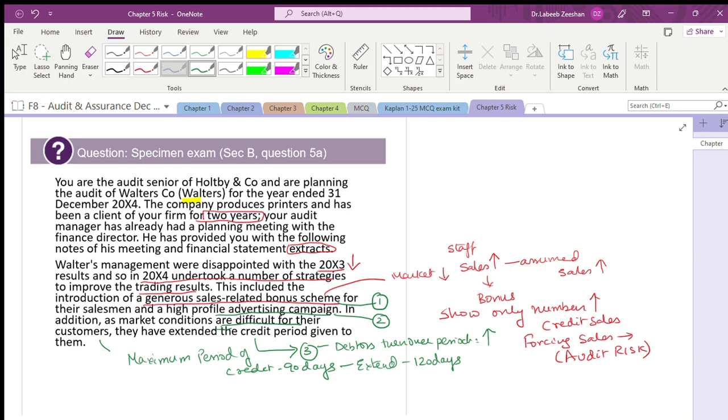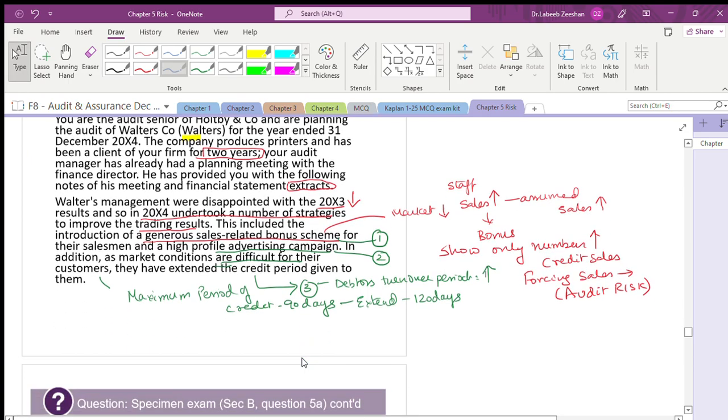Definitely you are getting payment after a delay of 30 days. If you take that into consideration, what will happen? It is an audit risk. Now you can understand. You should be very clear.